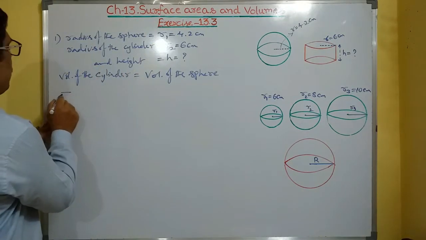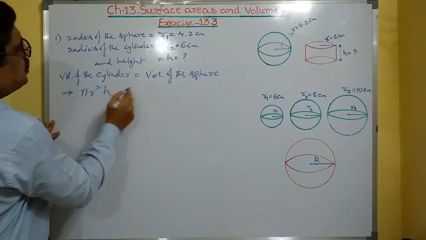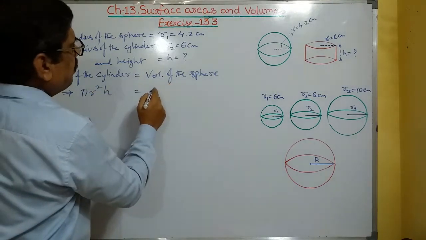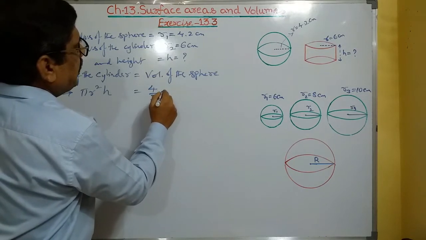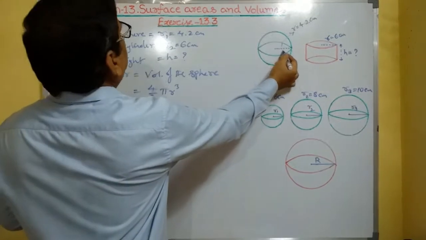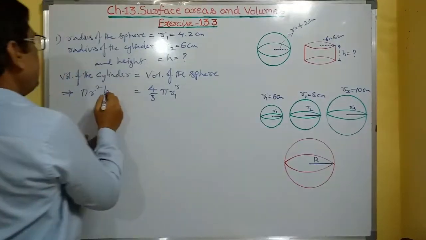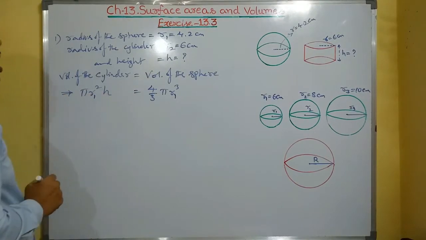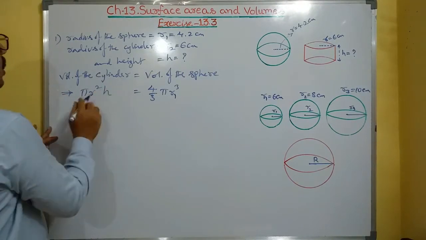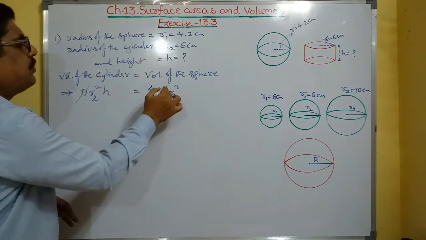So what is the volume of a cylinder formula? Pi r square H, and the volume of the sphere formula is 4 by 3 pi r cube. Here we have taken the radius of the sphere as R1 and the radius of the cylinder as R2. Okay. Now see, on both sides we can cancel pi.